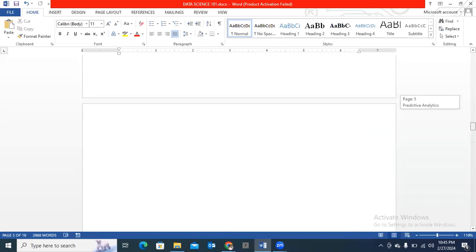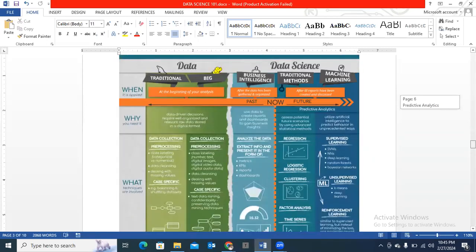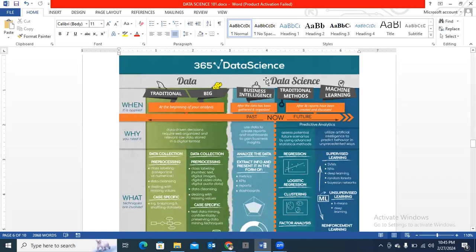So now, in data science, there are basically three methods of data analysis: business intelligence, the traditional method of data analysis, and machine learning. At each point, I will define them.